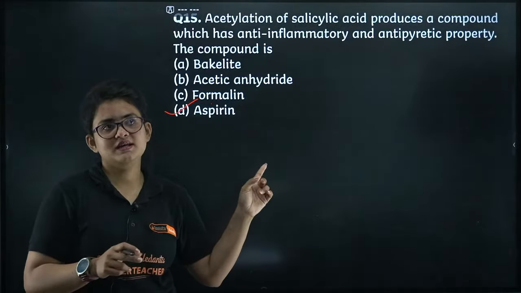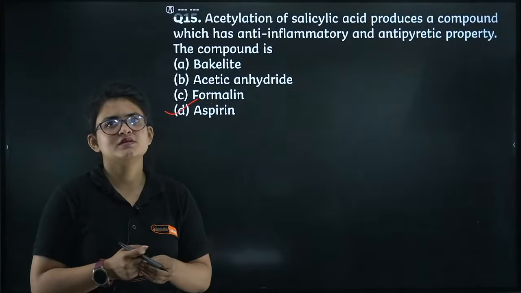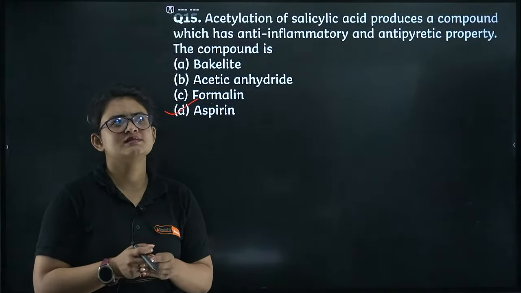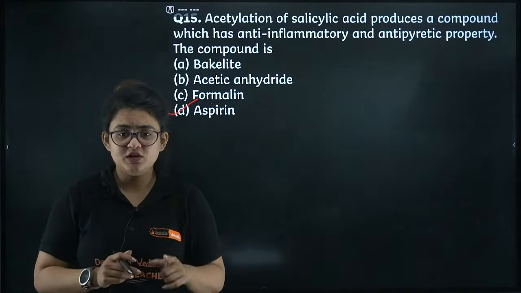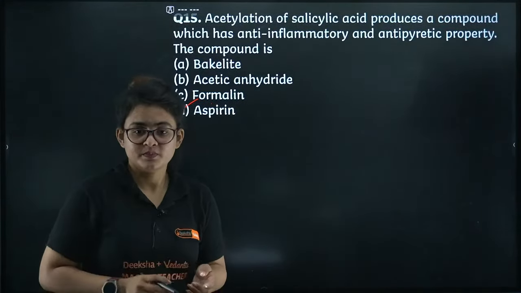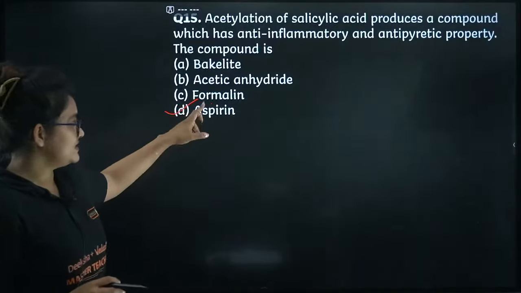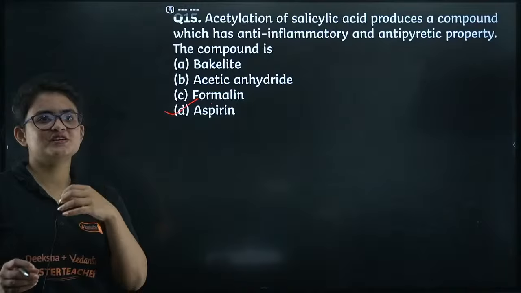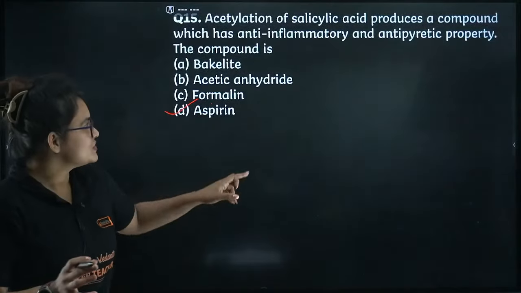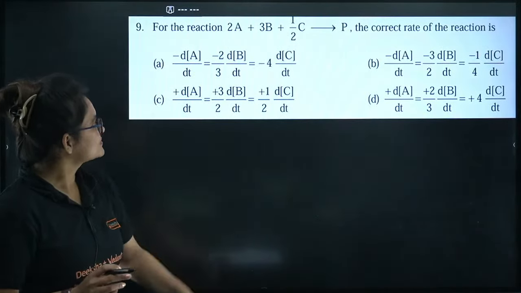Whenever we do aspirin and all synthesis in the phenol ether session, I will tell you the story in the 0 to hero session. You will feel it is literally outstanding. So let's proceed.